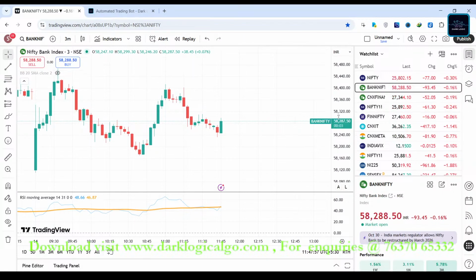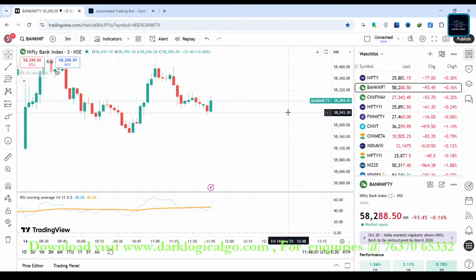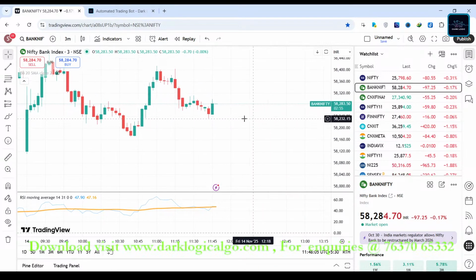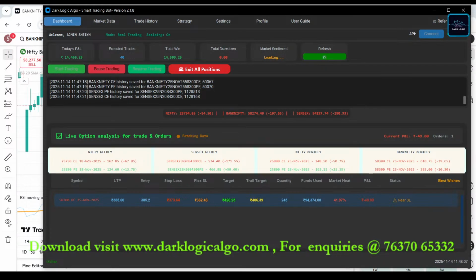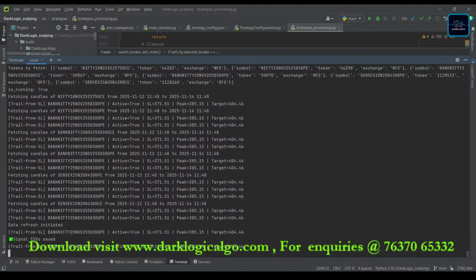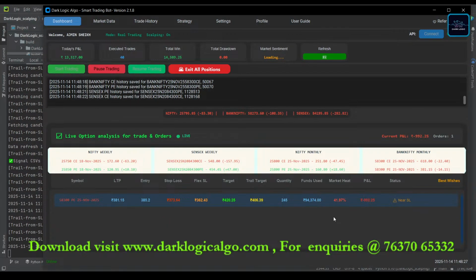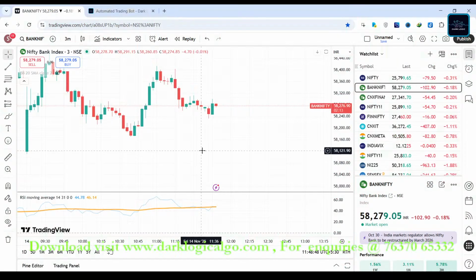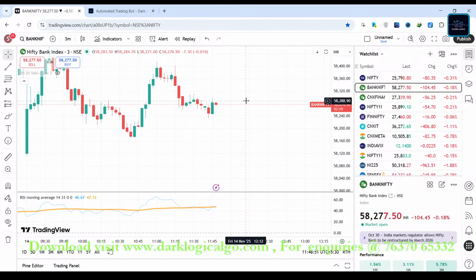Bank Nifty. Okay. The market was getting resistance over here and it was aggressively falling.